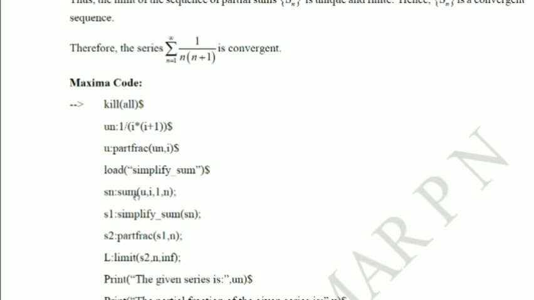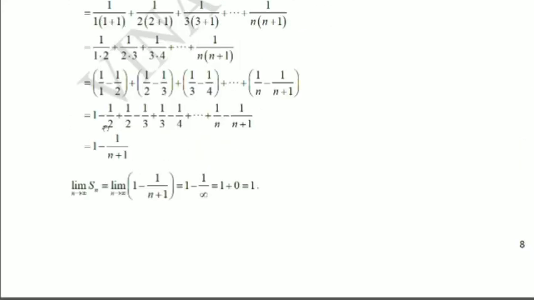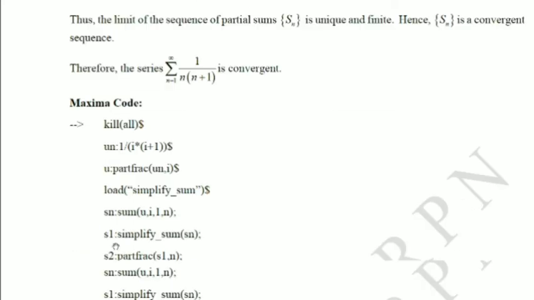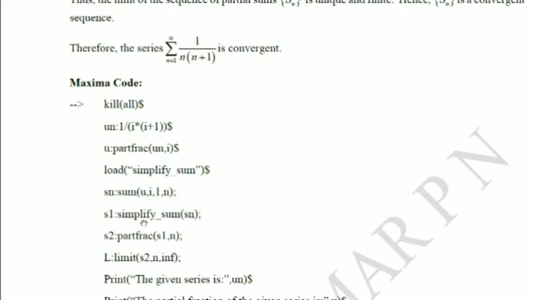Sn is sum of u, this partially factored answer with respect to I from 1 to n. See, here I runs from 1 to n. Then after this, we'll use the command simplify_sum on the stored answer Sn, and that will be stored in S1.